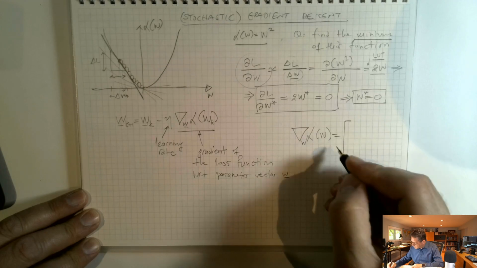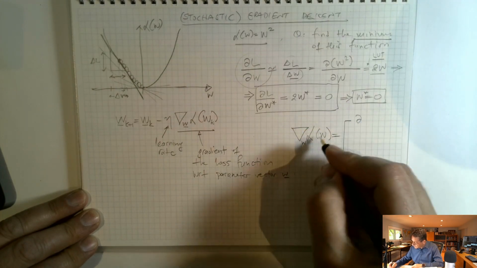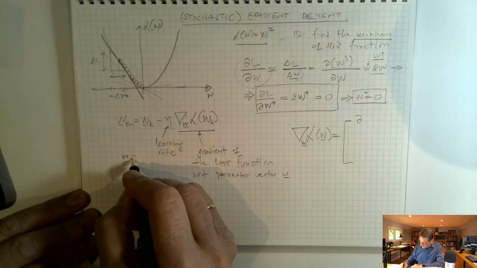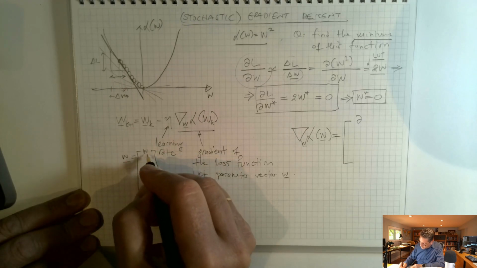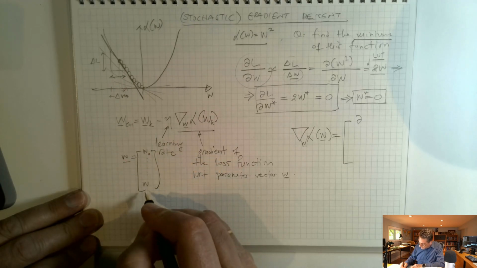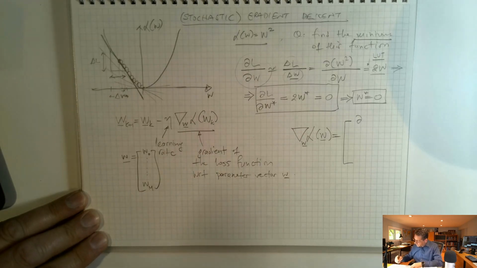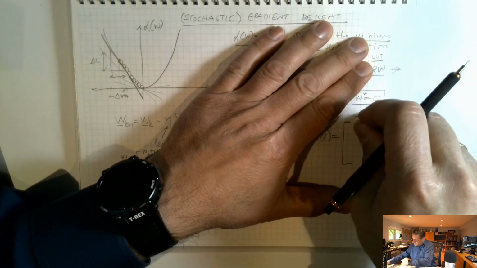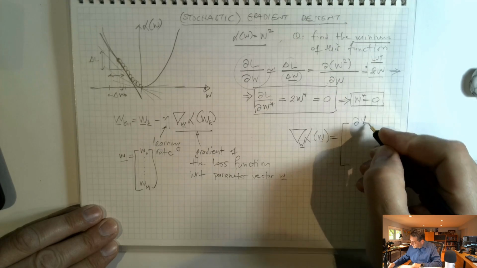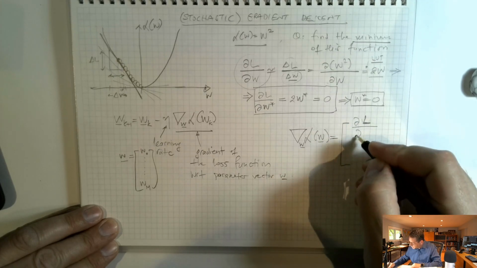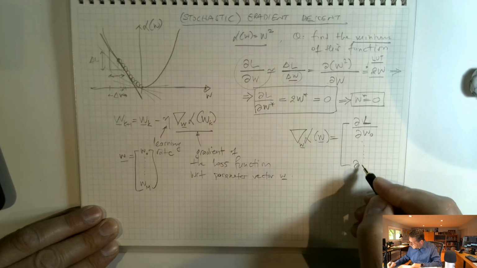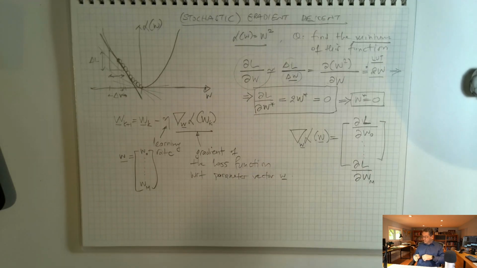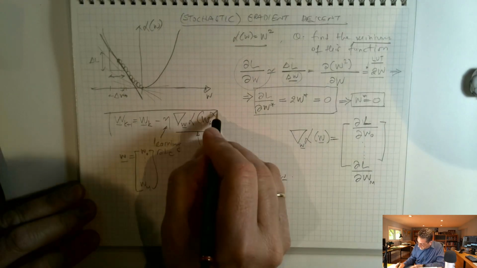It is a vector where, for a given vector of parameters that consist, let's say, of w0 all the way to wm, we have the partial derivative of the loss function, or in any case any function, with respect to w0, all the way to the partial derivative of the loss function with respect to wm. So that is the functional form of the gradient descent algorithm.